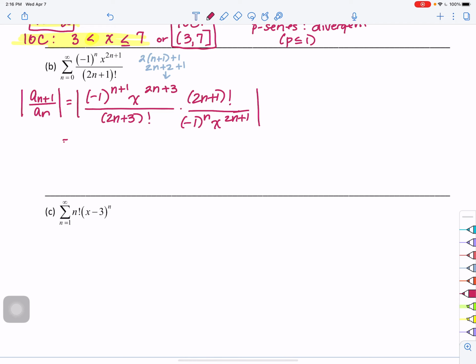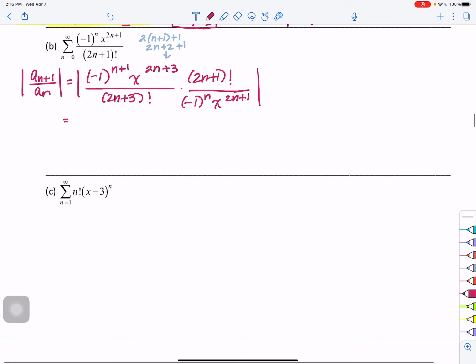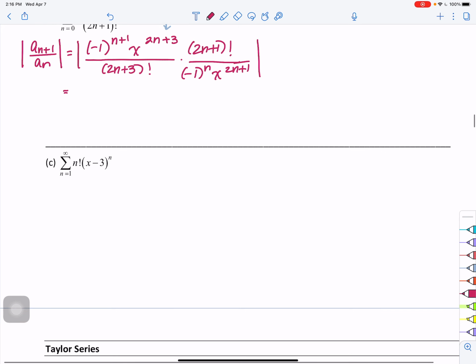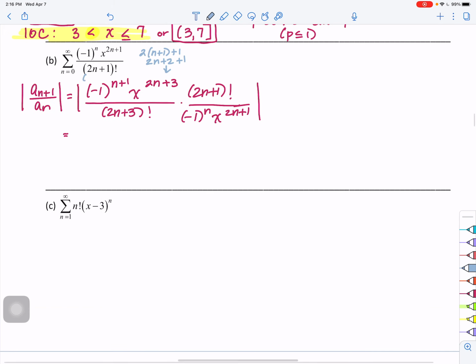So quite a bit going on here. As you can see, these negative ones will go ahead and cancel out, and I will show you why. This is equal to negative 1 to the n times 1. So there's just a 1 remaining when you cancel these two out, okay?